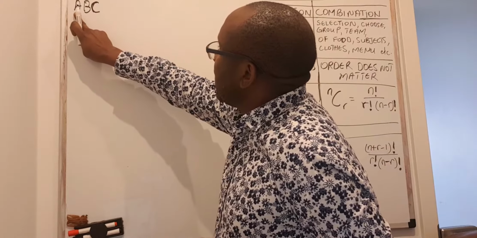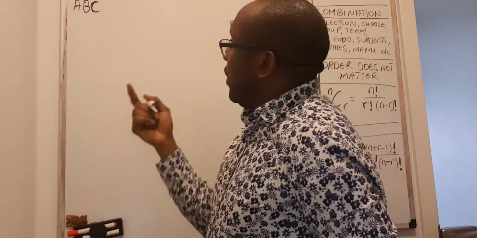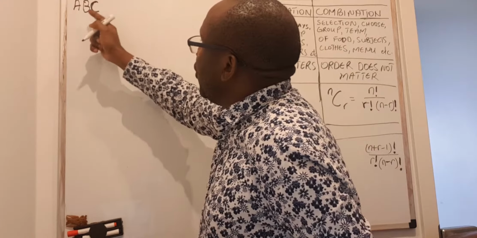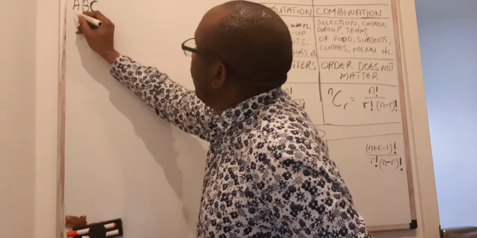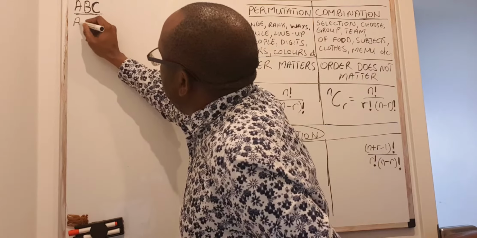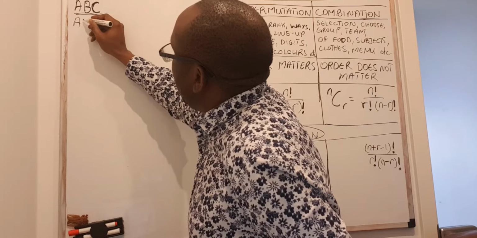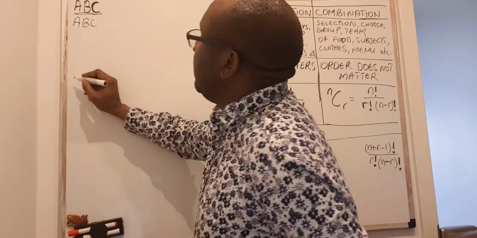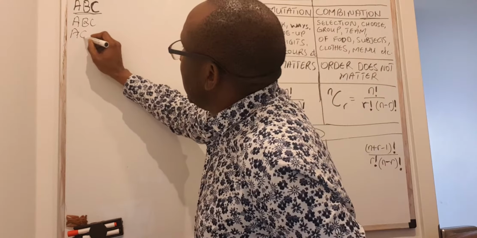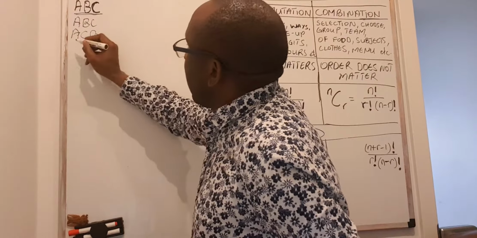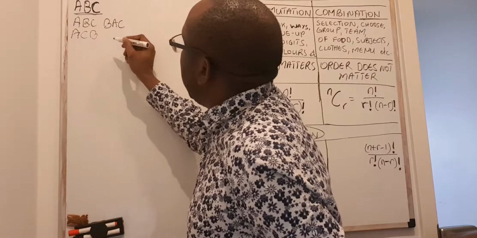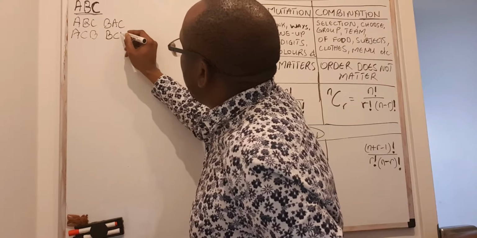So let's say I have 3 letters, A, B, and C. And the question is asked, how many ways can you arrange A, B, and C? So I will just look at this and say, I can start, I take the letter A, and then I put the other ones, B and C. I can also have the letter A, and I swap the position of B and C, C, B. I can go to B and get A and C, and C and A, so I swap the position.